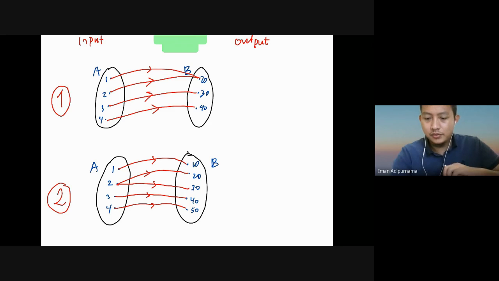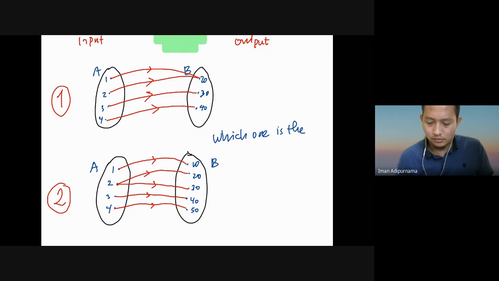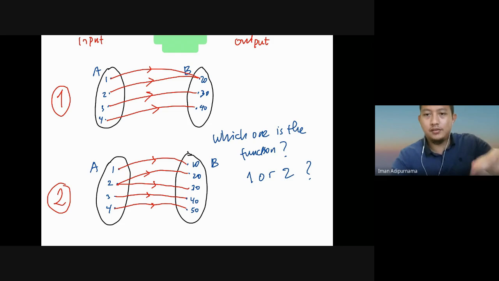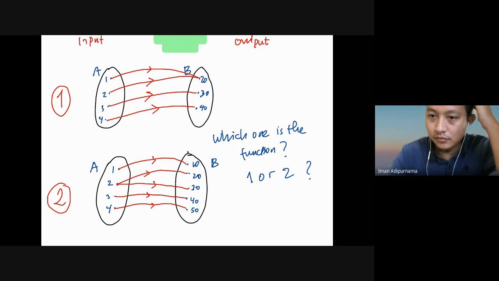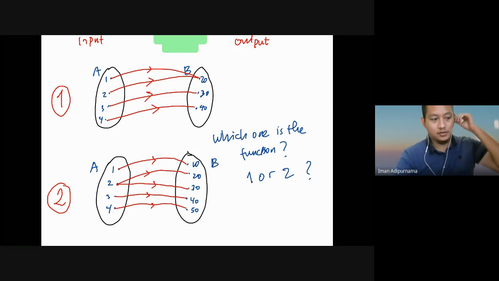You can type in 1 or 2. Okay, so Maria, you choose 1. Jordan, you choose 2. Anyone else? Okay, Scarlett, 1.